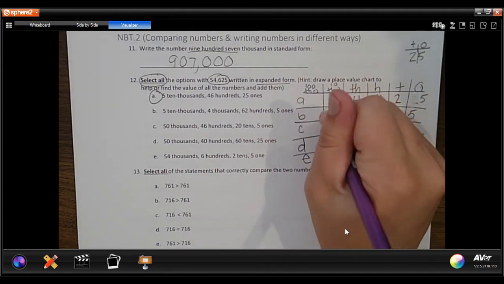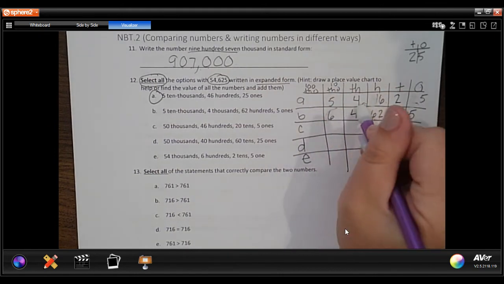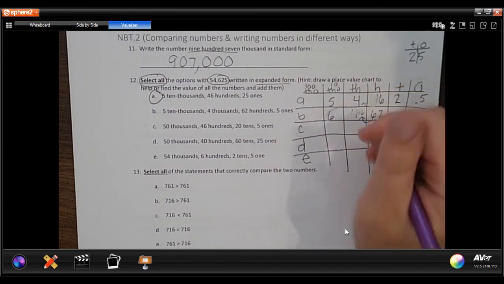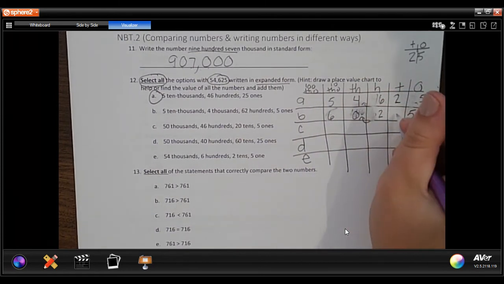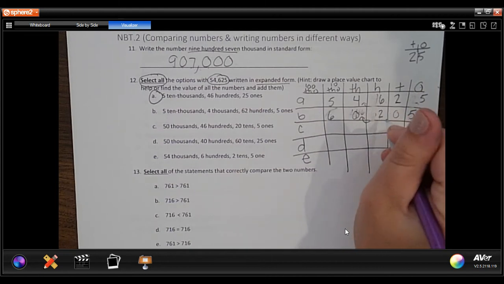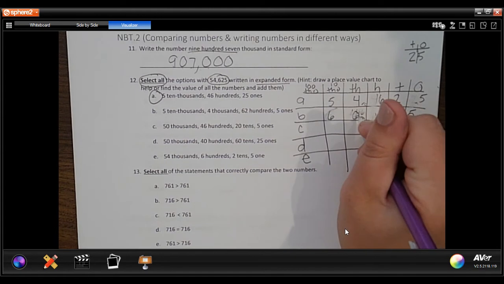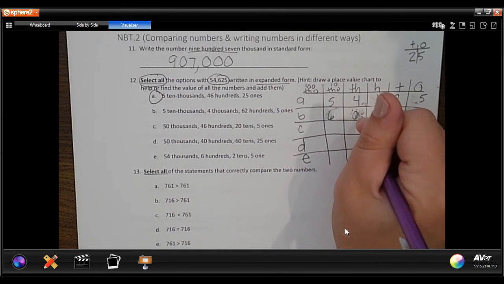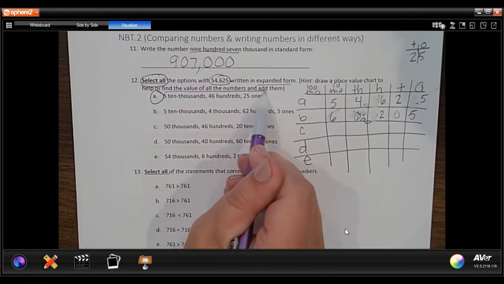That means I would have to move 1 over to here, make this a 6, make this a 0. There's a lot of erasing going on and a lot of extra steps. So if we don't want to do it like that, because that gets very confusing, I would suggest once you see that you have to add it to another place value and regroup, I would suggest using the strategy that you would find the value of all the numbers and add them.